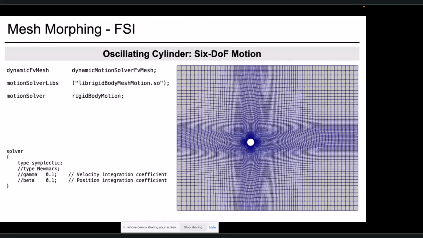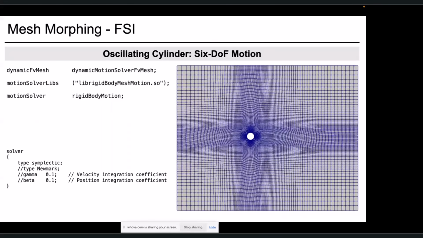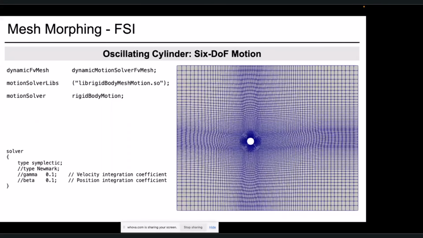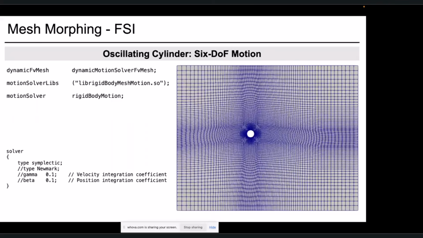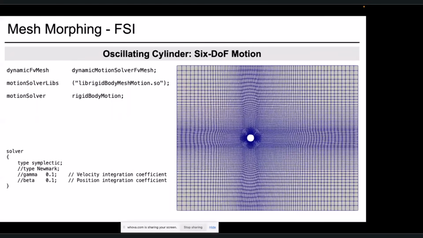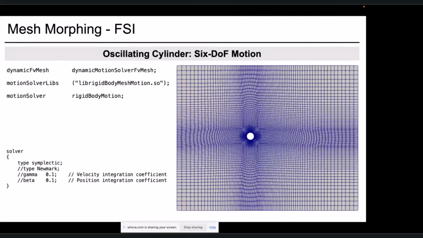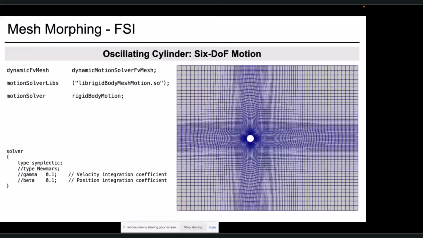Because it is a rigid body motion, it doesn't deform, but it moves along multiple degrees of freedom. We need a solver which can solve the oscillator equation, all right, which is nothing but m x double dot plus c x dot plus k x equal to the forcing. And OpenFOAM has multiple such solvers, and here I show you two examples.